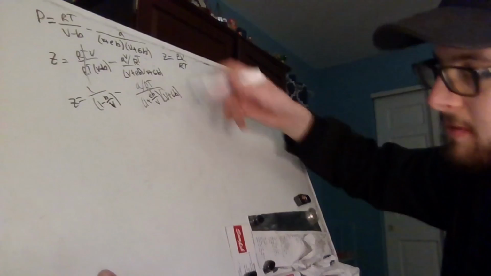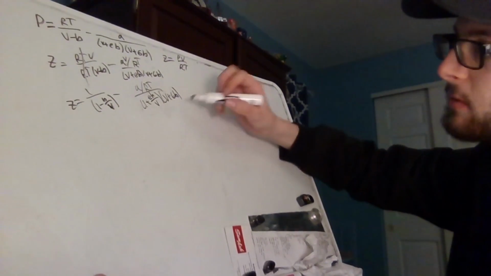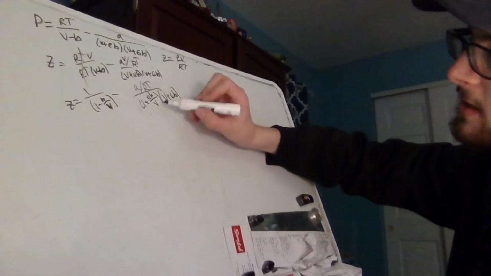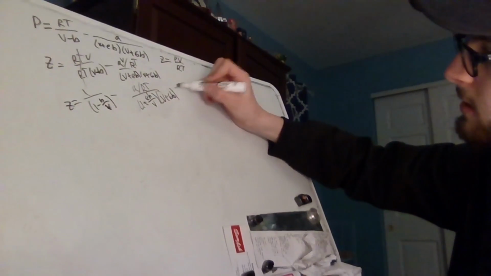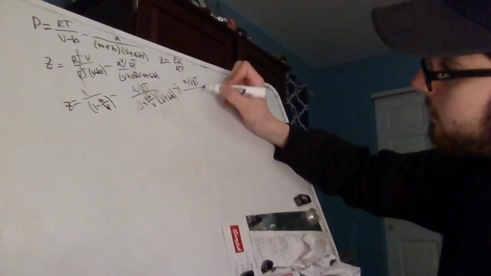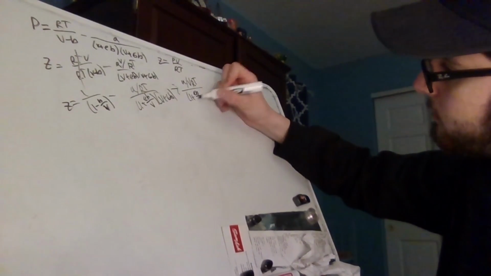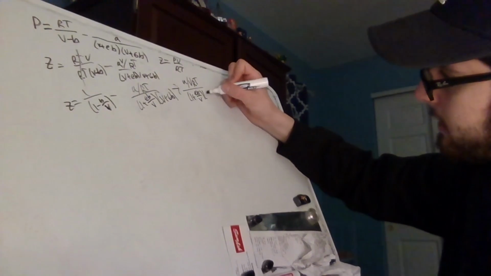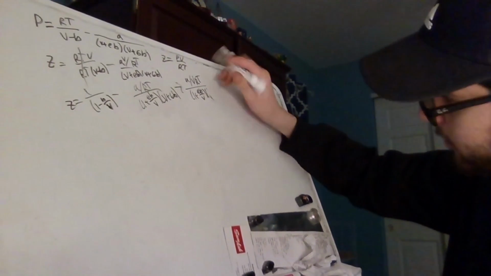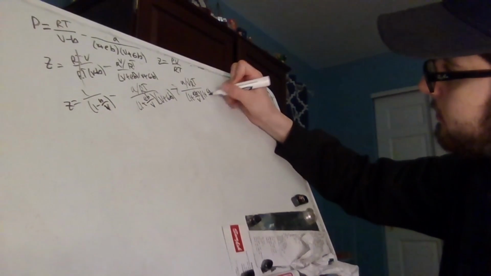And with this, we can take out another V here, so this will turn into a over V RT over 1 plus epsilon b over V times 1 plus sigma b over V.